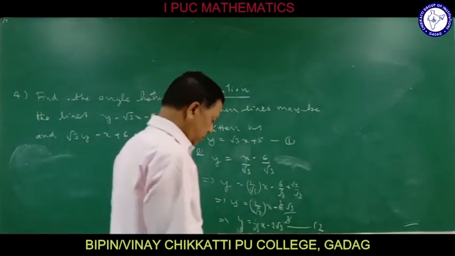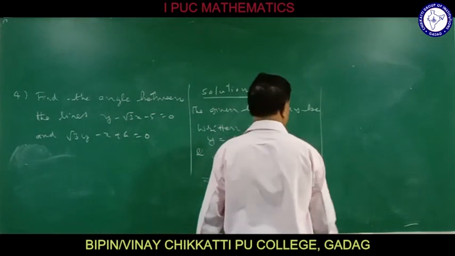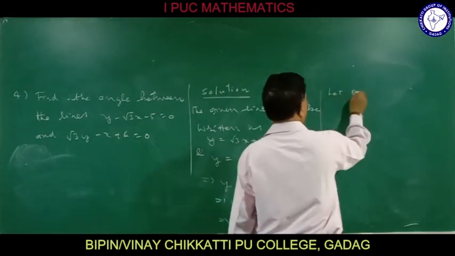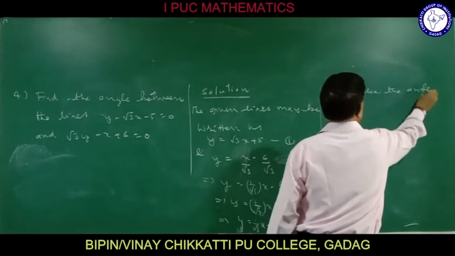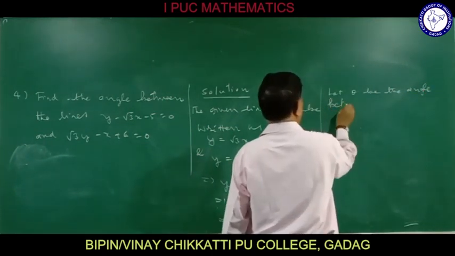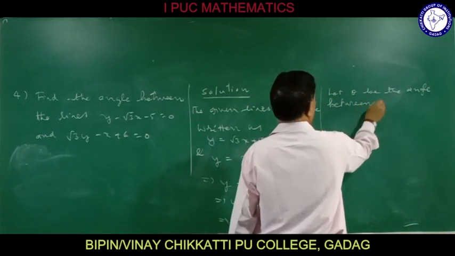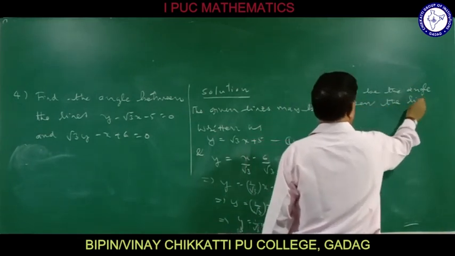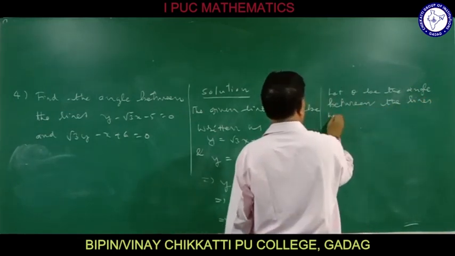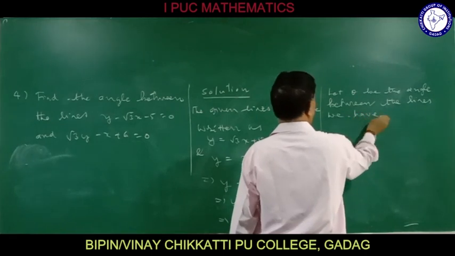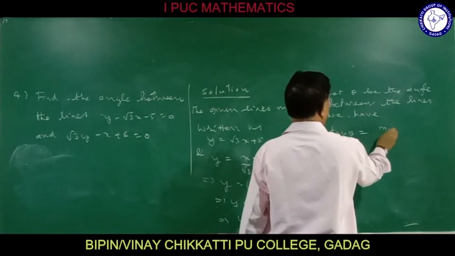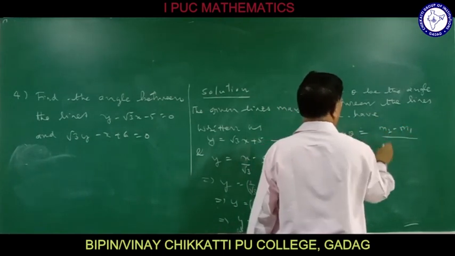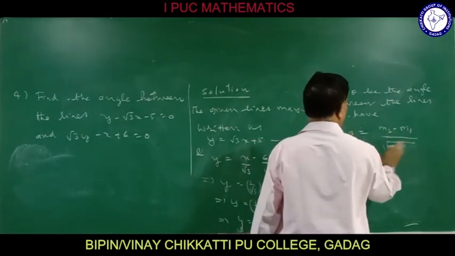But the formula, let theta be the angle between the lines, then what is the formula we have? tan theta is equal to m2 minus m1 divided by 1 plus m1 m2.